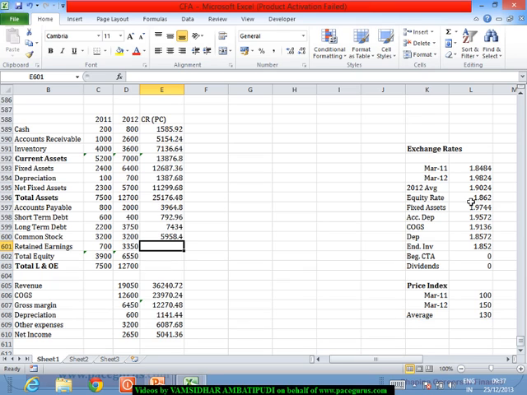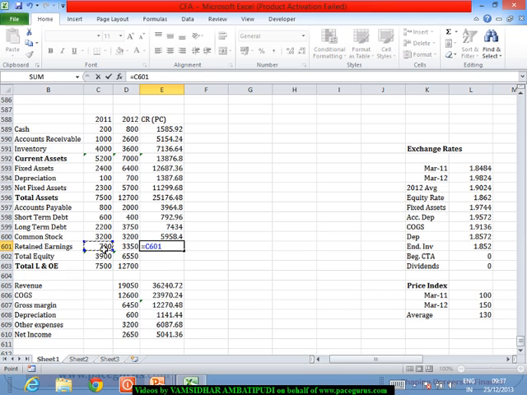And how do I need to compute my retained earnings? I will go based on the retained earnings that are there in the previous period. I'll translate those retained earnings, right? This is one key step.